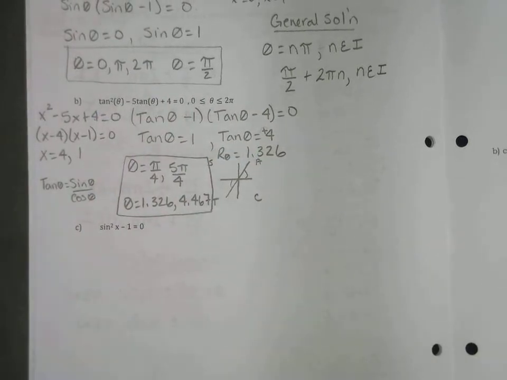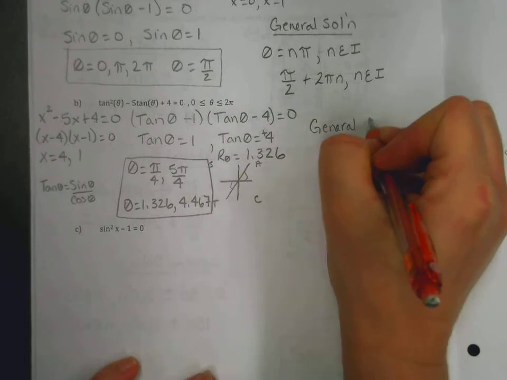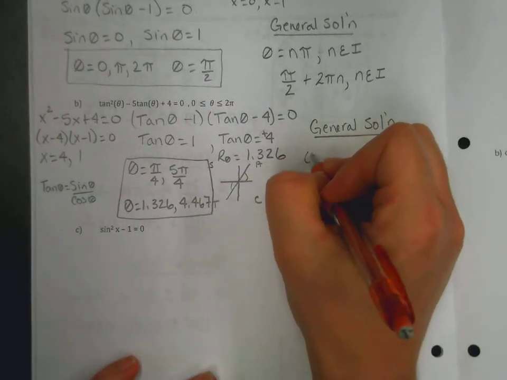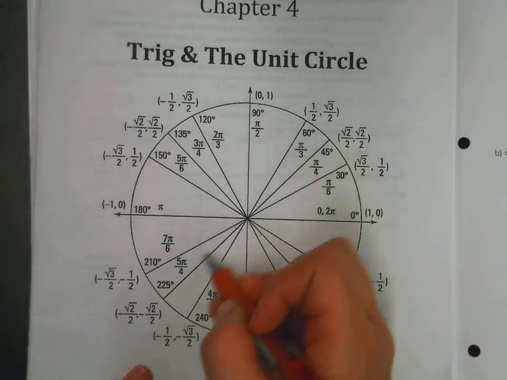All right, what if we wanted to talk about our general solution? Well, if you think about this general solution, let's go back to our first. So we have pi over 4 here and 5 pi over 4 here.